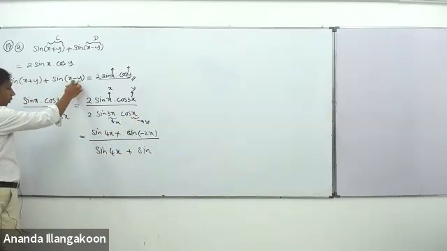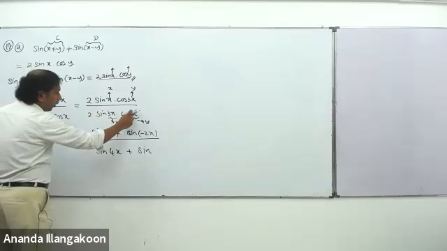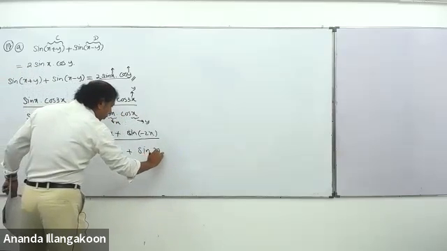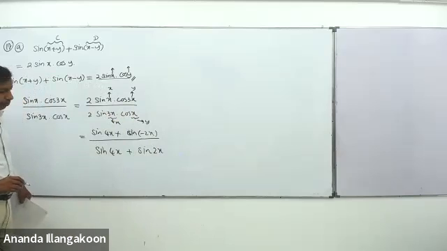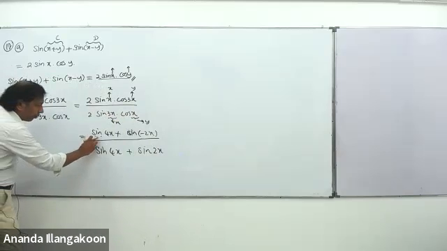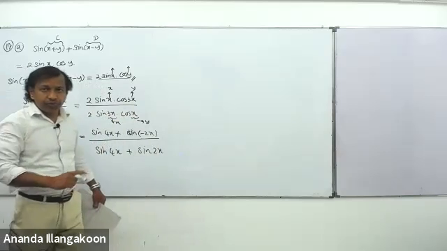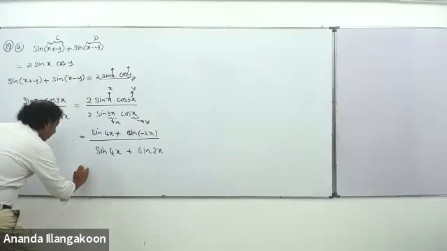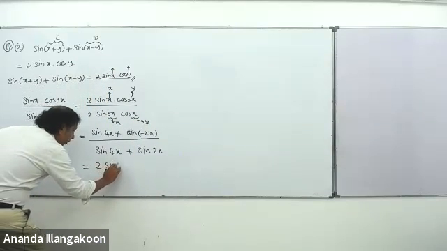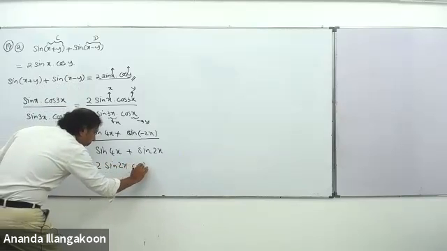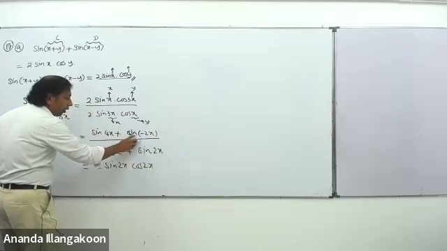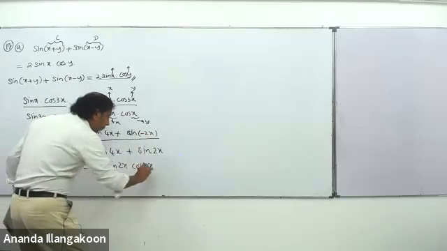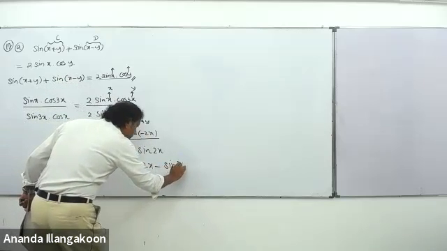Second one, x minus y. 3x minus x, 2x. Correct, no? You know, sin 4x you can write how? 2 sin 2x cos 2x. No? 2 sin 2x into cos 2x. Sin minus 2x, this minus sign you can take before. Minus sin 2x.